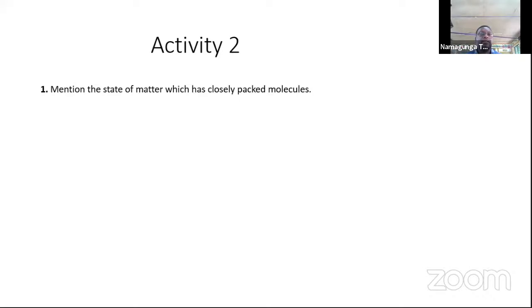Unmute and read. Mention the state of matter which has closely packed molecules. Which state of matter is that?